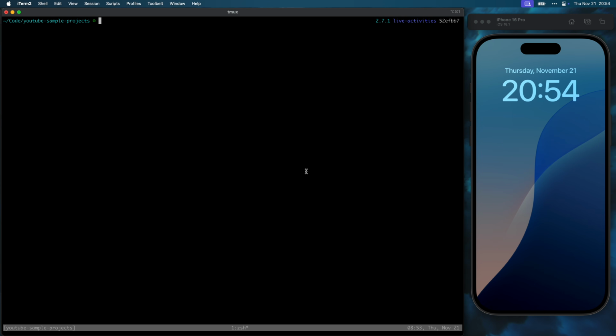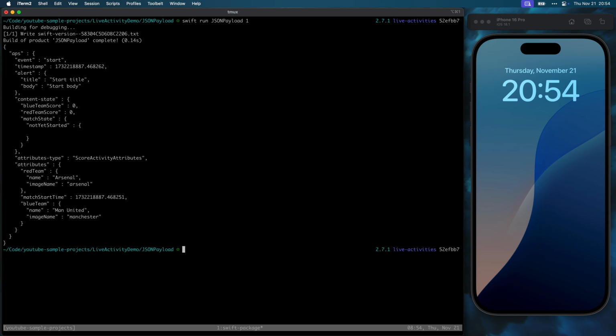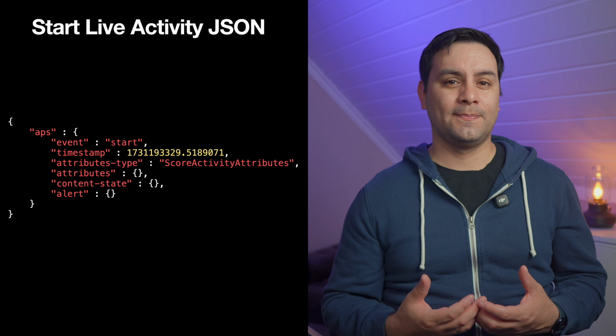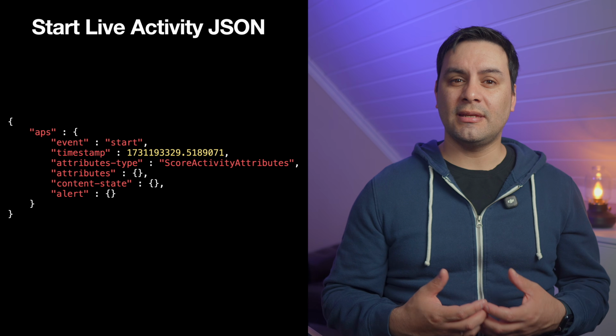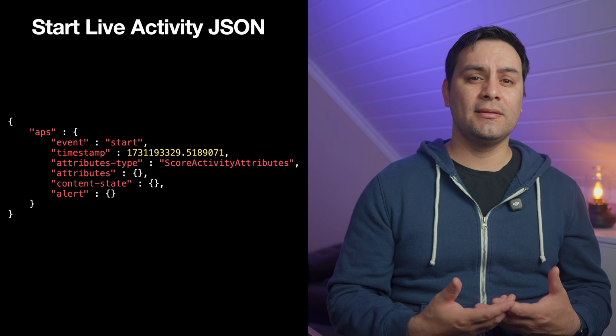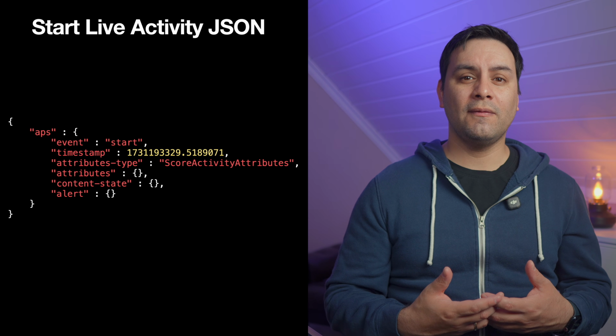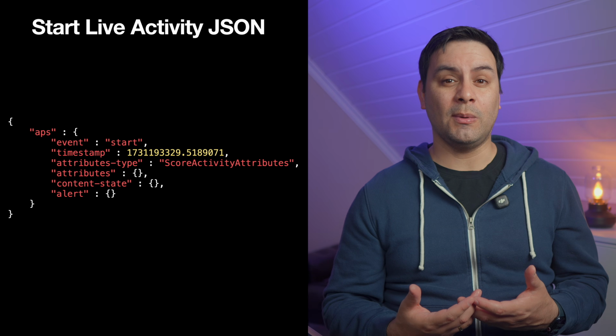I made a command line utility that helps me create this JSON content for my demo using the data structures I defined for the live activity. The structure of the JSON content to start an activity goes like this. We need the event property set to start, a timestamp in seconds since 1970 format, an attributes-type property with the value of your activity attributes implementation.